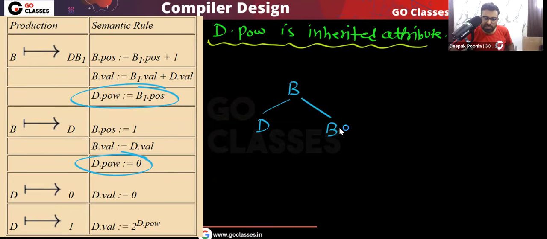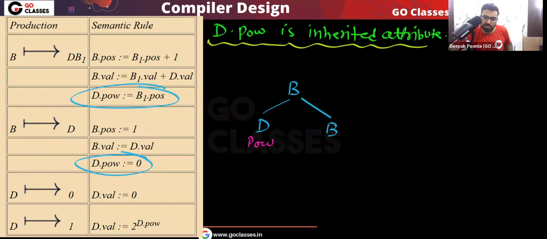This is your B1, but actually this is basically B. So we will write it as B goes to DB. Now notice one thing, that this D has the POW attribute.